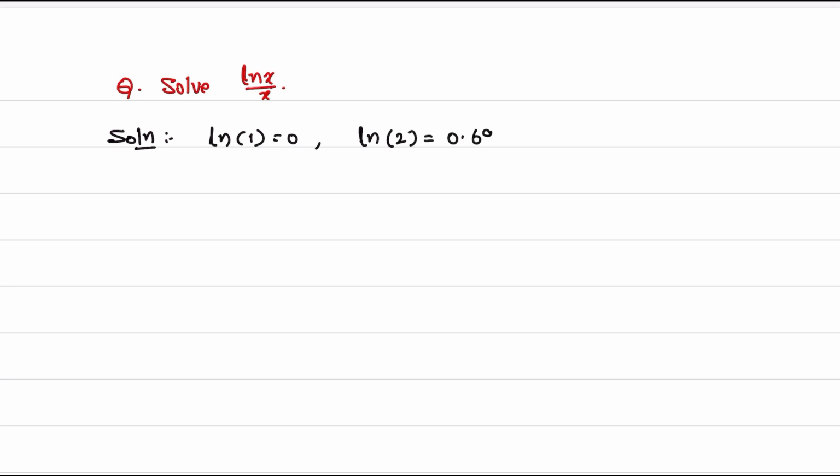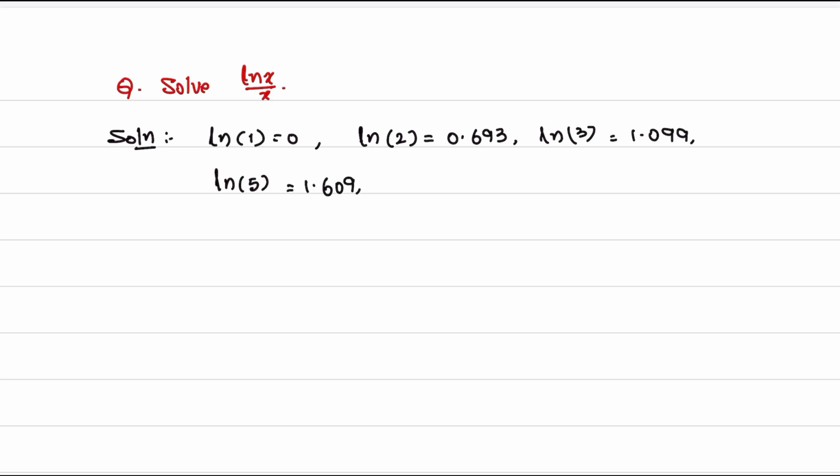Please remember them. ln 4, ln 3 (1.099). ln 4 is nothing but 2 into ln 2. ln 5 (1.609).